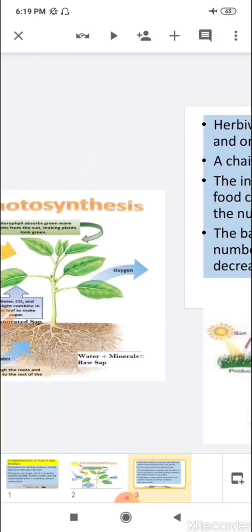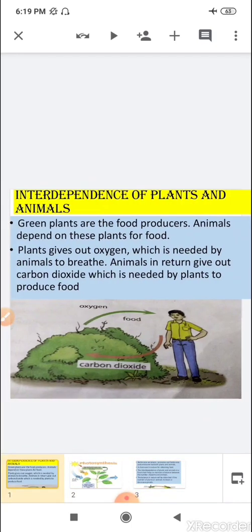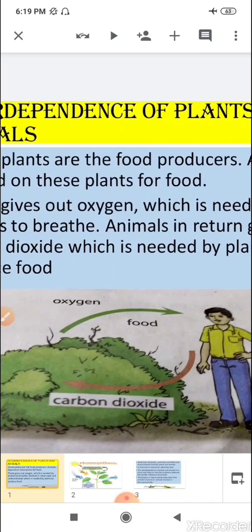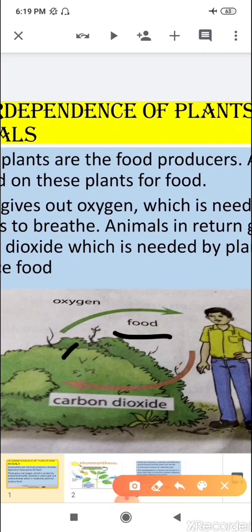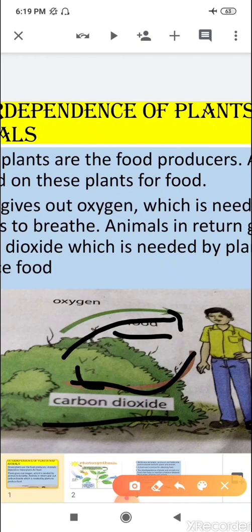So children, today we have learned about how plants and animals depend on each other. We have seen that plants produce food and oxygen which is taken by the animals, and in return they produce carbon dioxide, which is very important for photosynthesis.